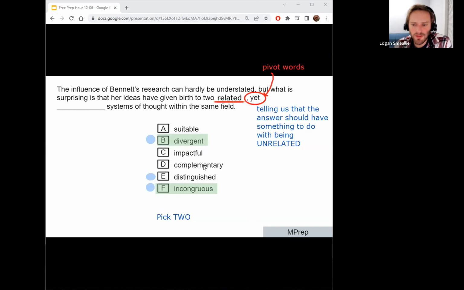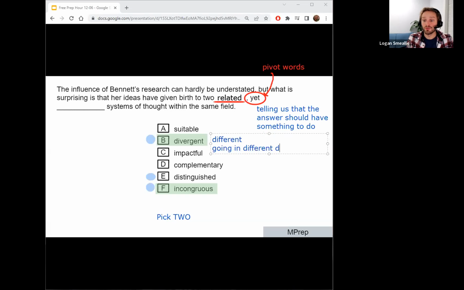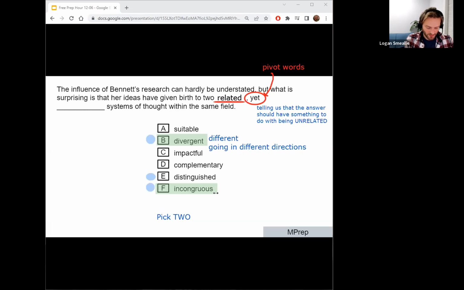I think there's something about these two that kind of goes together. If we're considering these three, divergent, distinguished, and incongruous, it's mainly because divergent and incongruous specifically mean different or going in different directions. You might hear the word divergent of like two paths diverged in the wood, so to speak. And incongruous also means different, doesn't go together.